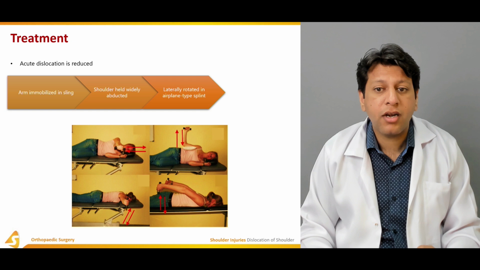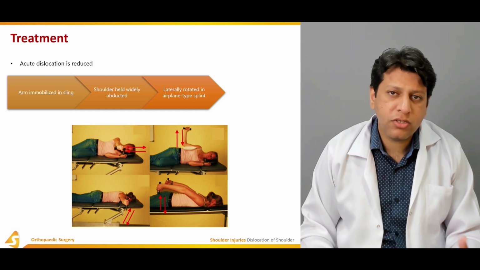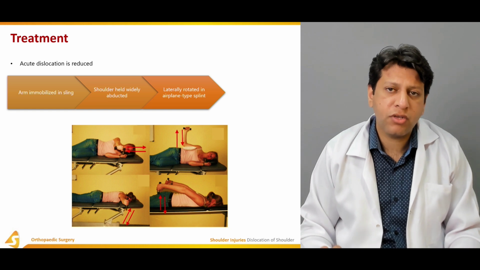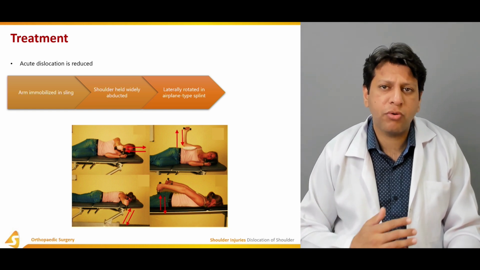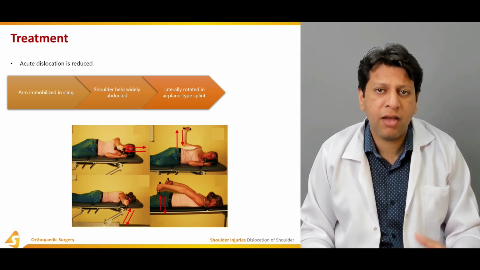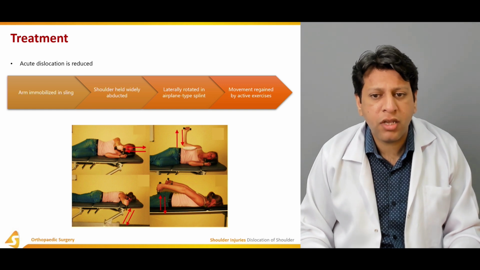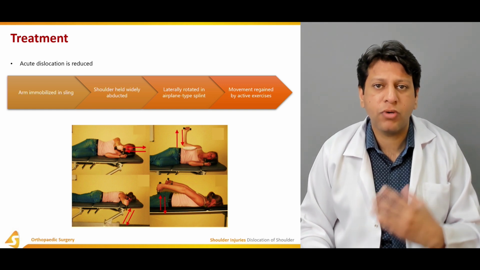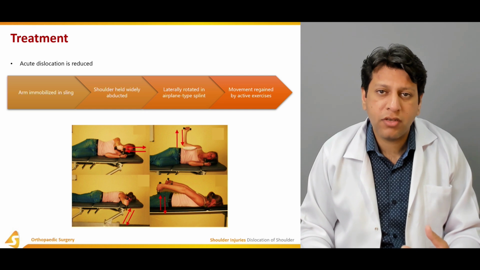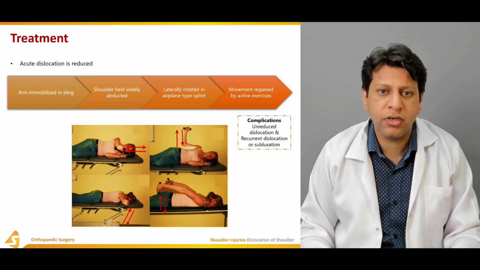A laterally rotated airplane-type splint can be utilized, but studies have shown that whether you give an externally rotated splint or an internally rotated splint makes no big difference eventually in the rehab. So both types of splints can be given, and movements have to be regained by active exercises, so that stiffness of the shoulder can be avoided and rehab can be easily instituted.